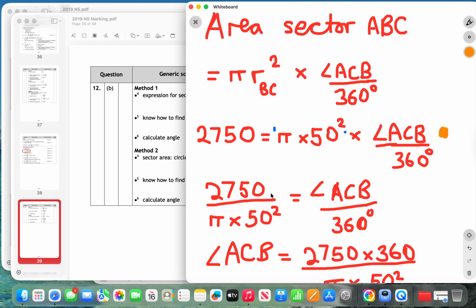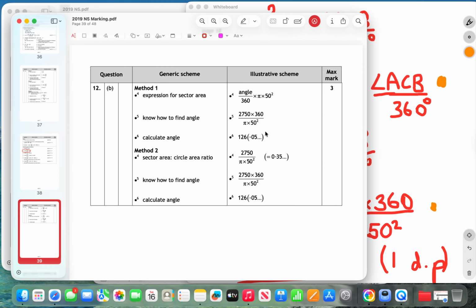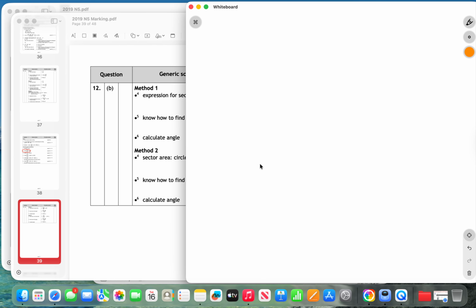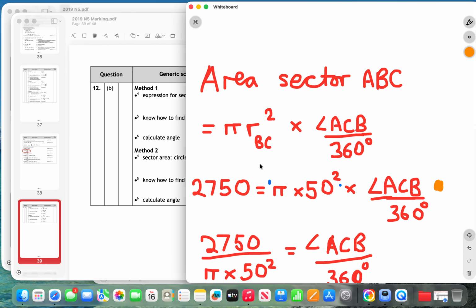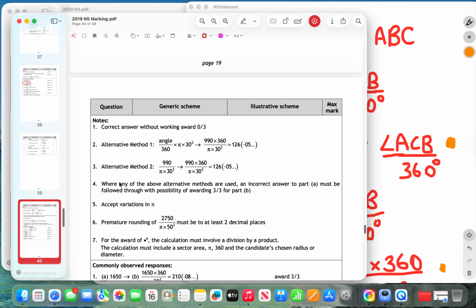The second mark would be for this line, and the third mark would be for this line, for the answer. It's actually an easy enough question once you realise that you don't need to look at the smaller sector. It becomes so much easier.